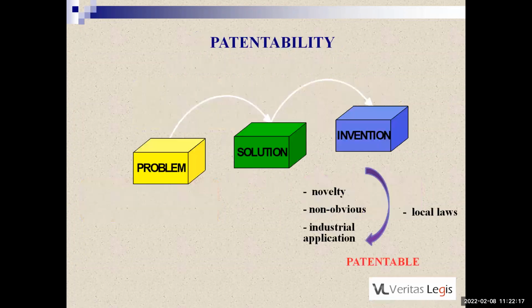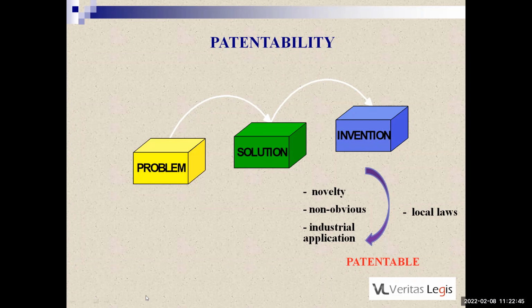Next slide. So for an invention to develop, there has to be a problem which we are solving. If you have a solution for that problem, that is an invention. Now we want to patent this invention.